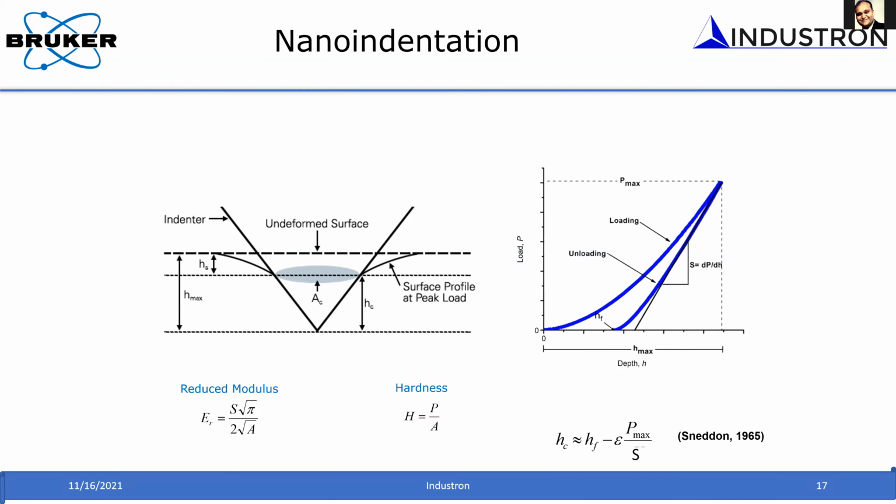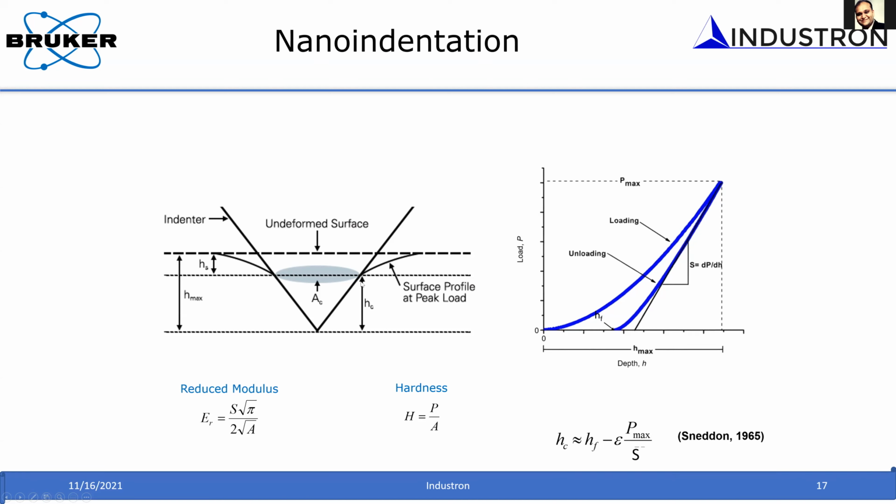For example, you take a probe and apply a stress onto the sample, so you're applying a load, and it penetrates to a depth h max here, and this is the material's elastic deformation. At some point, the probe makes contact with the sample surface, and this is the height of this contact that you need to know.